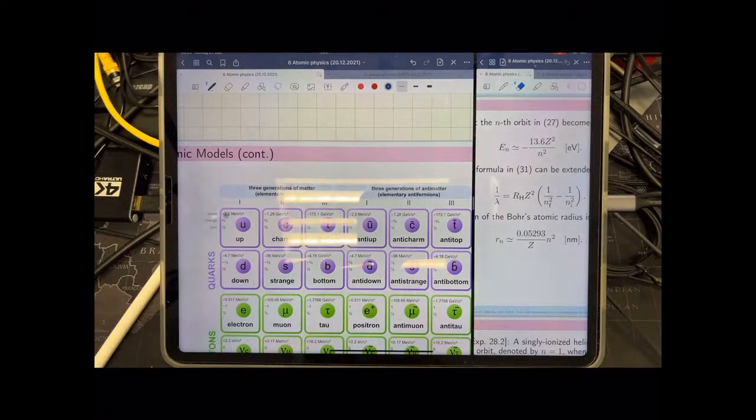Please note that the mass of the up quark and the anti-up quark are the same. You can see here 2.2 mega electron volt per c square, and the charge is different.